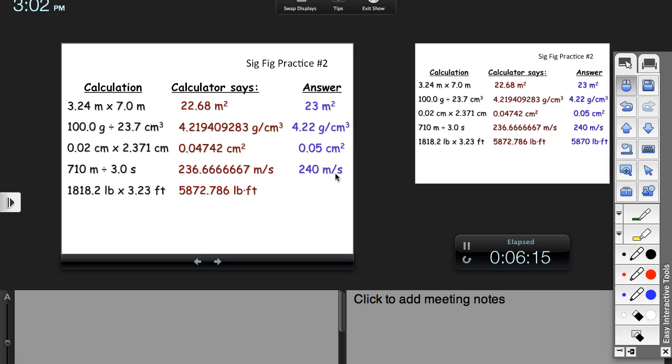Now, as soon as I put a decimal, if I put 240 with a decimal, then it has 3 sig figs. If you're ever stuck in a situation where you know the answer is supposed to be 240, and you can't get away with it by throwing a 0 on the end, you could always write it in scientific notation, 2.4 times 10 to the first. But it has to be numerically equivalent, right? 24 and 240 are not interchangeable. So there's a couple ways to get around it. But that 0 is not significant, as soon as I put a decimal here, it is.